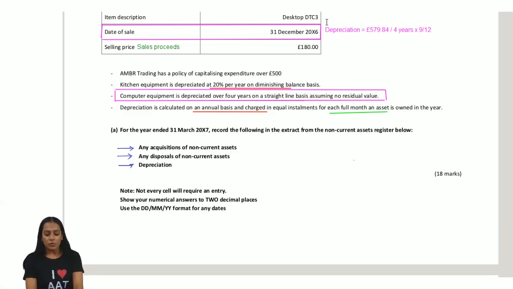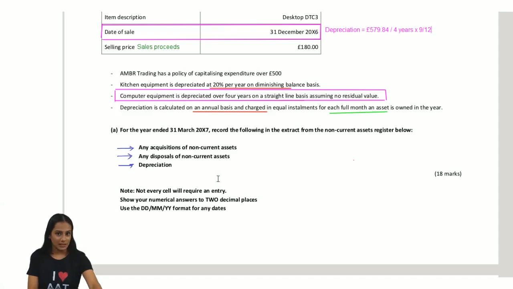If you do 579.84 divided by 4, that will give you 1 year's worth of depreciation. Now if you divide that by 12, that's going to give you 1 month's worth of depreciation. And if you want 9 months of depreciation, you just multiply the end result by 9. So that's the equivalent of doing 9 over 12.